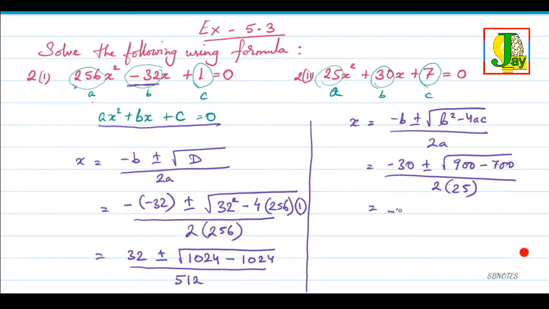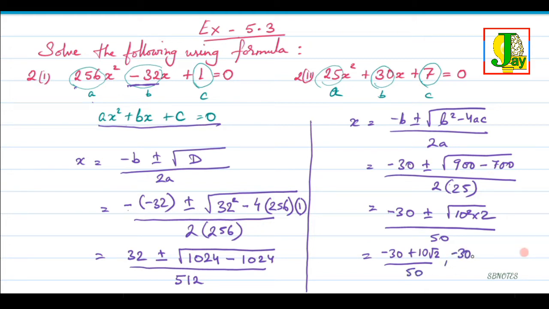And that's minus 30 plus minus root over 200. 200 I can write as 100 into 2, so 10 square into 2, by 50. So 10 we can take out, 10 root 2, minus 30 plus 10 root 2 by 50, or we have minus 30 minus 10 root 2 by 50.